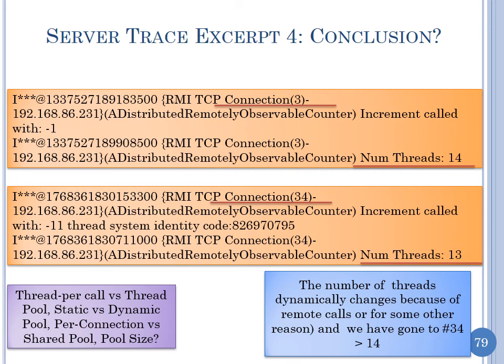So we really don't know. But we have gone to number 34, so maybe it's dynamic. What the exact policy is is not as important as being able to think about the possibilities and understand the difference between static and dynamic, because these differences are becoming concrete through these examples.